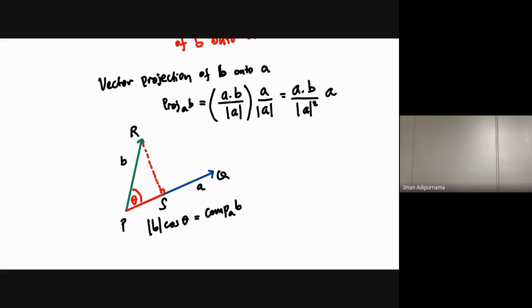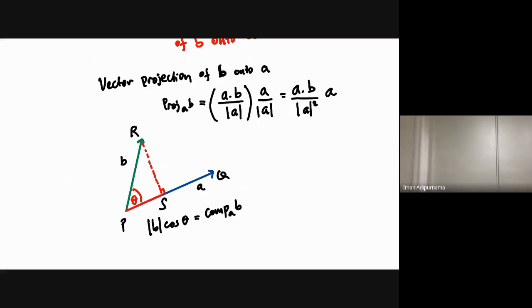This is just a projection of the vector B onto A, but it's not a vector. So we call this the component of B along A. It doesn't have any direction, so we only measure the length. That's why I'm just writing B cosine theta.